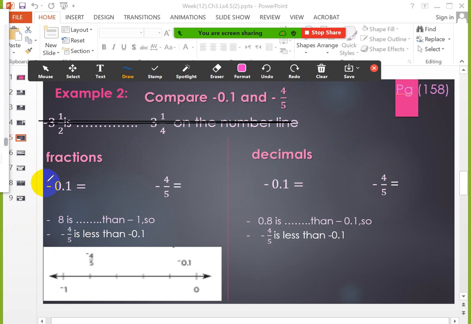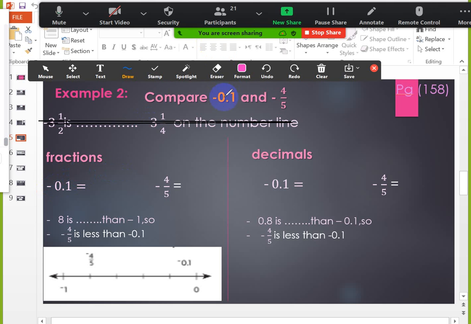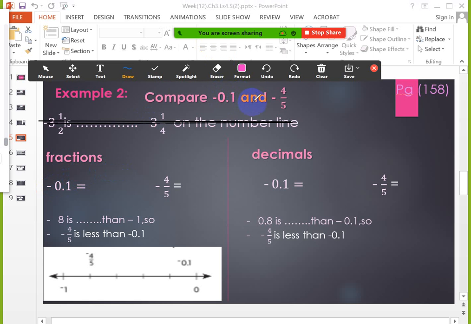The first thing, if I want to write those numbers as fractions, actually this is the easiest way for you. It's easy for me to write a decimal as a fraction, but it's not easy to write a fraction as a decimal, because you have to divide here.